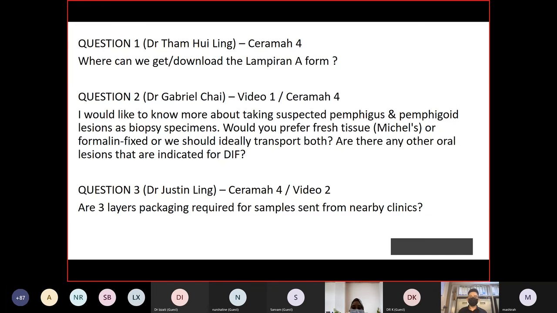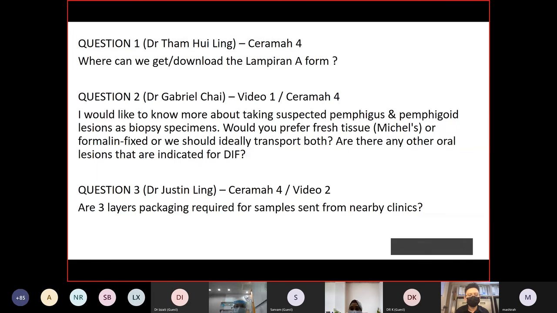Okay, I will try to answer it. I will answer the second question first. Are there any other oral lesions that are indicated for DIF? DIF is a technique that we use in our lab to diagnose disease from kidney, skin, and also other organs.